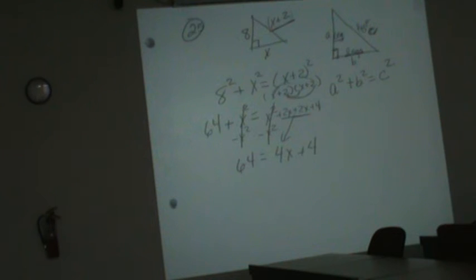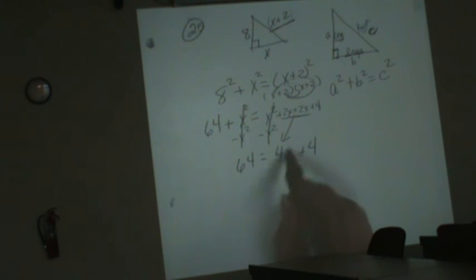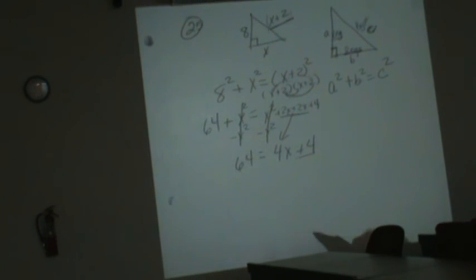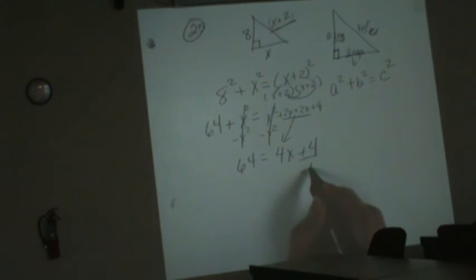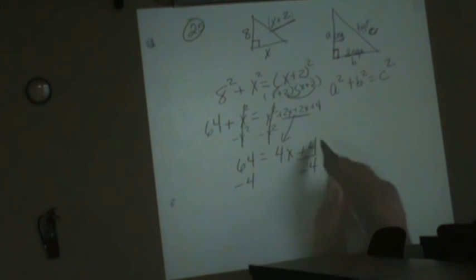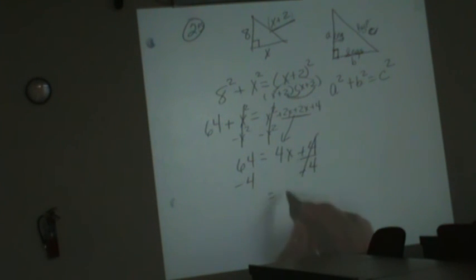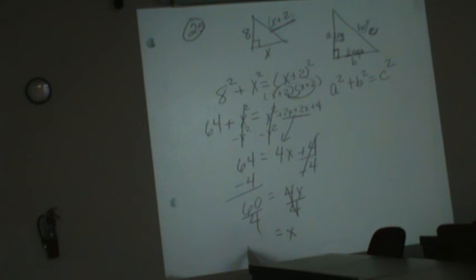We don't have to have it equal to 0 if we can solve for X. We want to solve for X, so we need to get rid of the plus or minus part first. So plus 4, we're going to subtract 4 from both sides. 4X equals 60. We're dividing by 4. What is it? 15. 15.